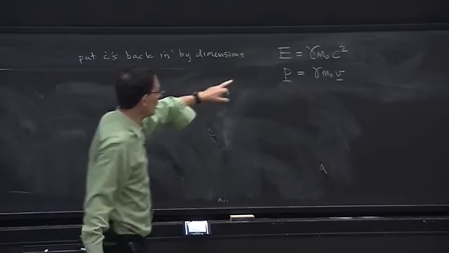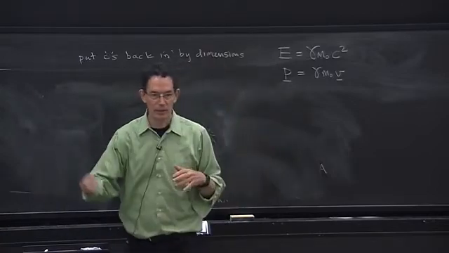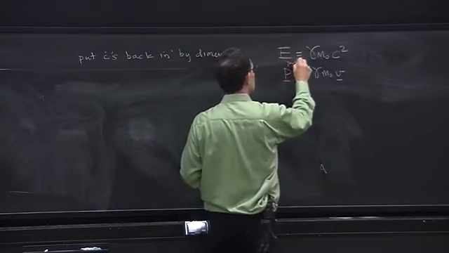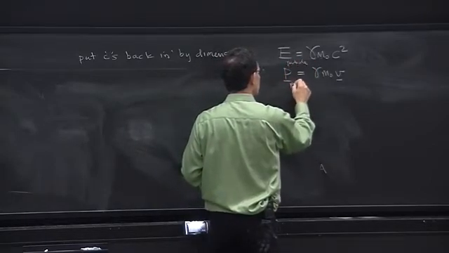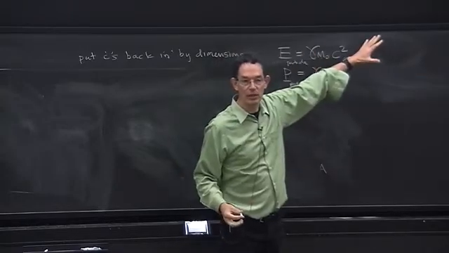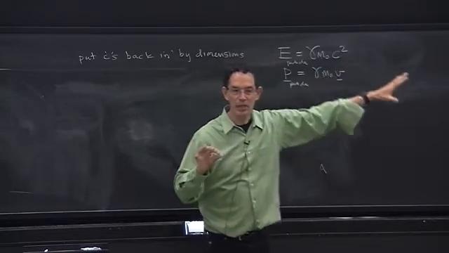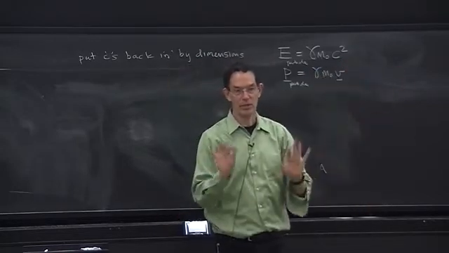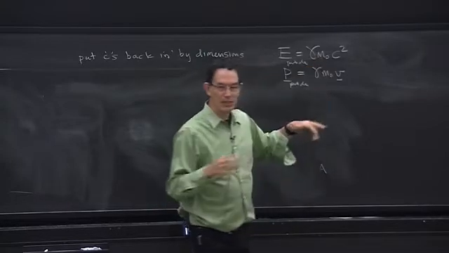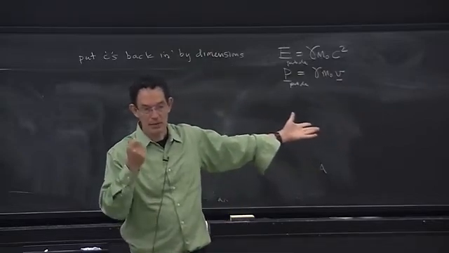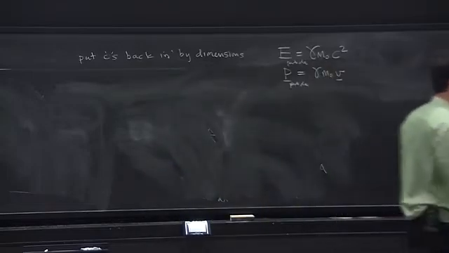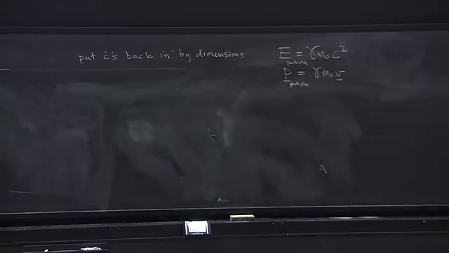So when I couple my particle to an electromagnetic field, the energy of the particle and the momentum of the particle are given by these. And of course, there's some energy in the field as well. What Noether's theorem guarantees is that the energy in the total is constant. But that total energy includes the rest mass energy of the particle. So this is really the correct derivation of E equals mc squared.